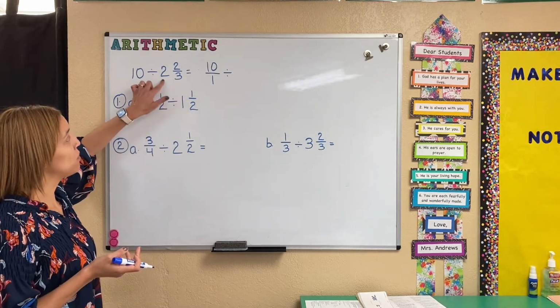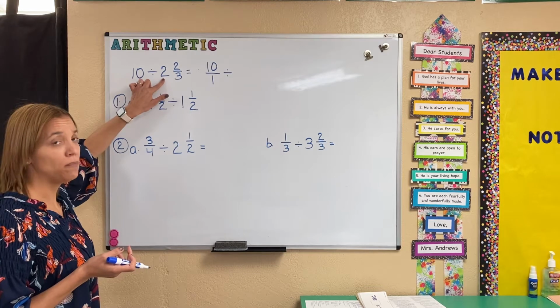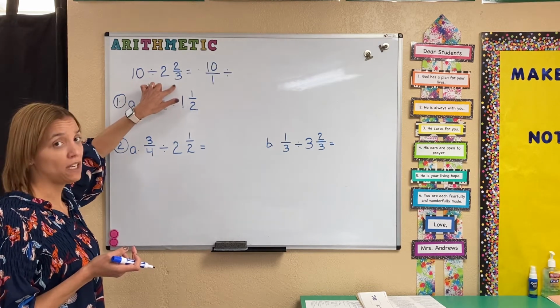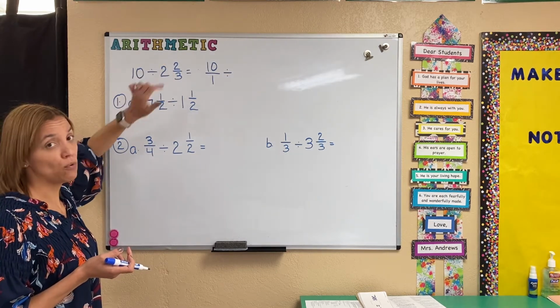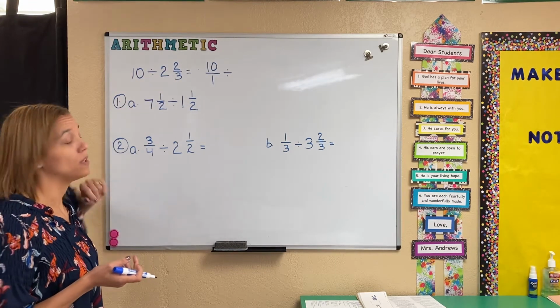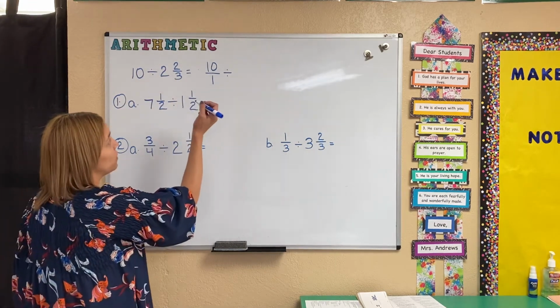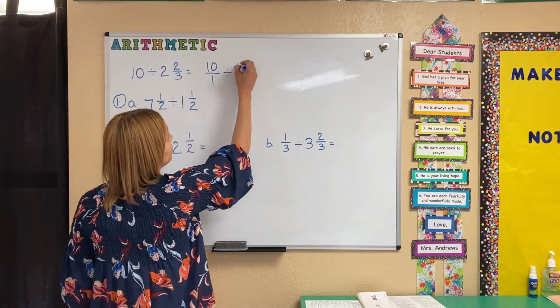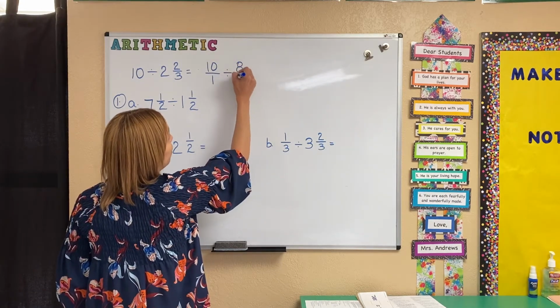We do that by multiplying the whole number times the denominator plus the numerator. So 2 times 3 plus 2. 2 times 3 is 6 plus 2 is going to be 8 over 3.